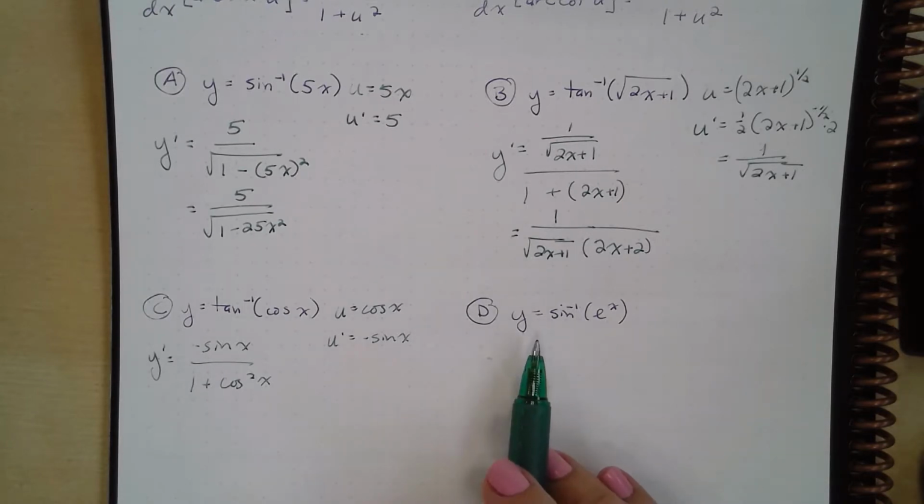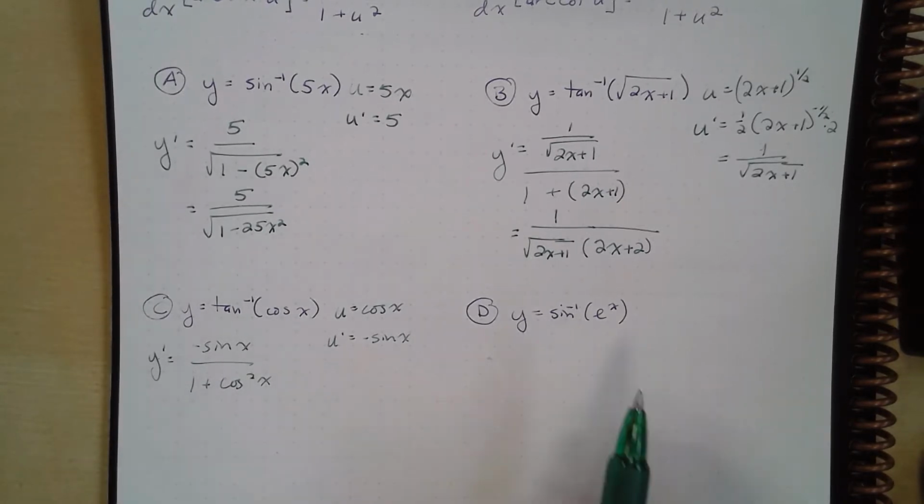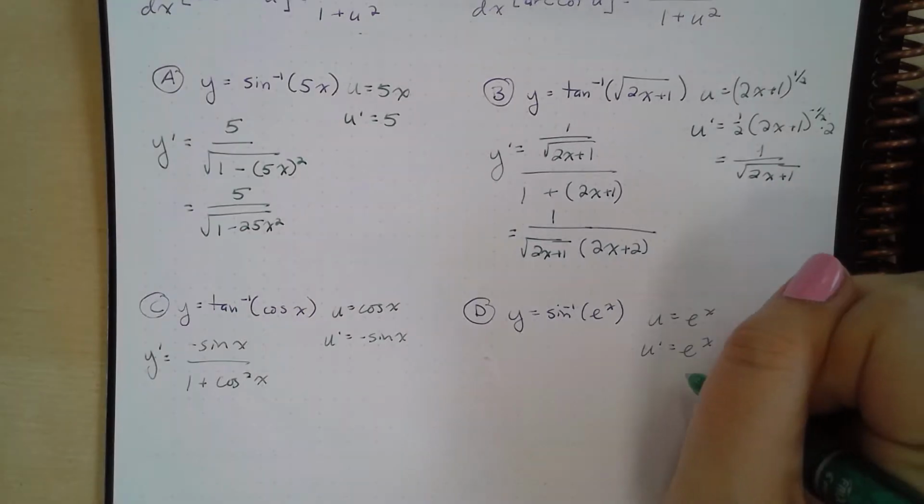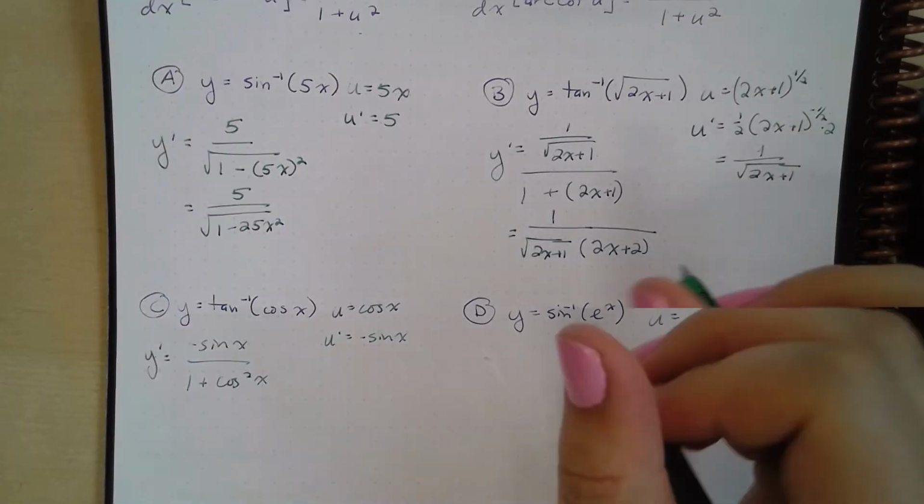And finally, let's do one more here. We've got y is equal to sine inverse of e to the x. So u is equal to e to the x. U prime is equal to e to the x. All right.